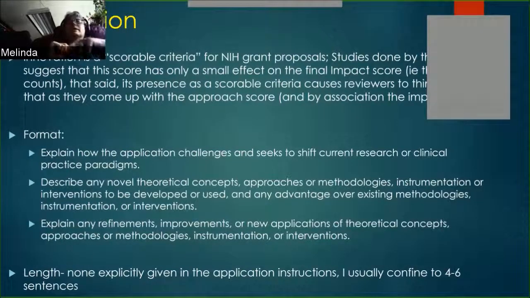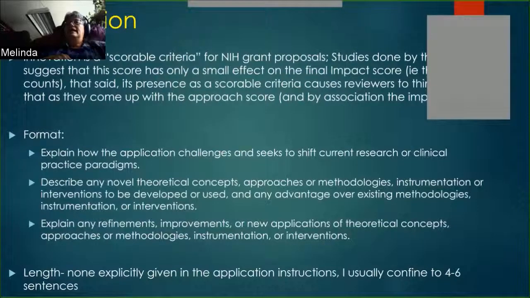I forget what the 5th one is, but they really are asking, is it innovative or is it just using tired old hackneyed techniques to address this problem? It's not something to completely flake out about, because the final score that matters is the impact score, which is the overall score. And it turns out the different scorable criteria do not affect that final score equally.